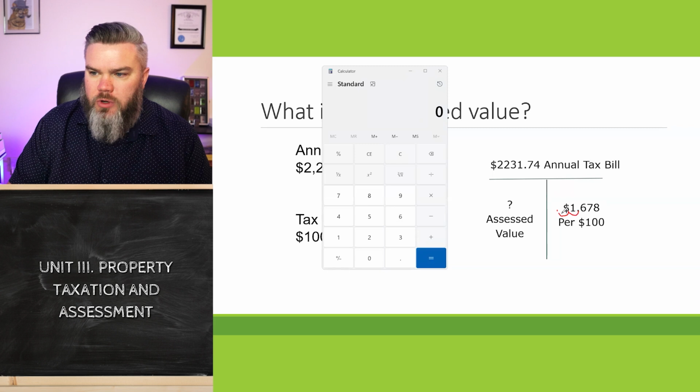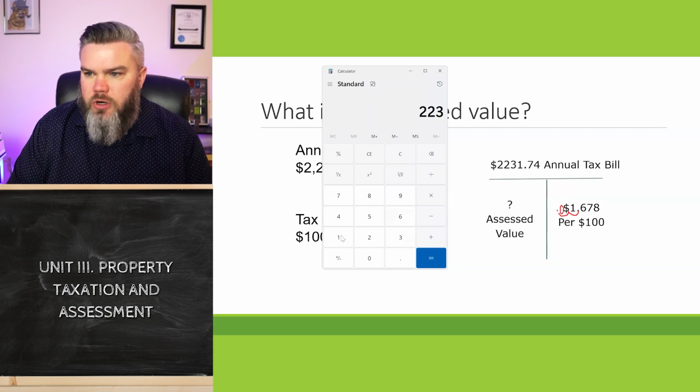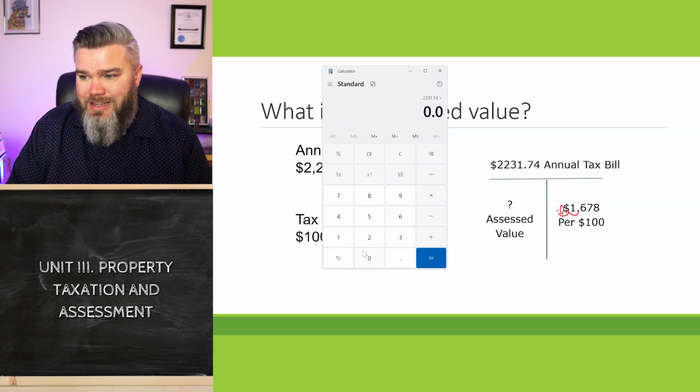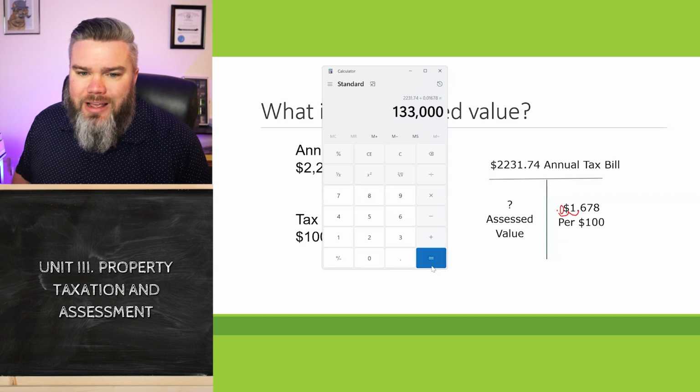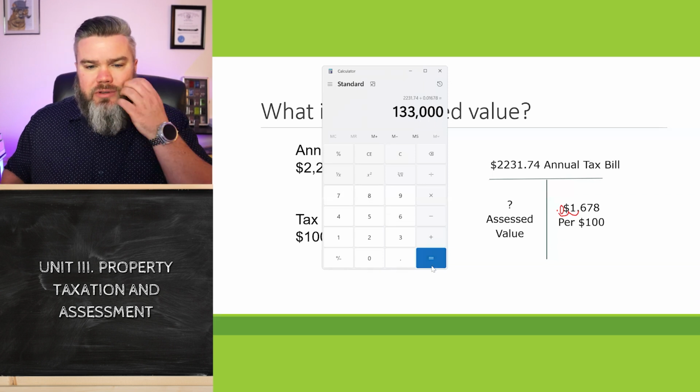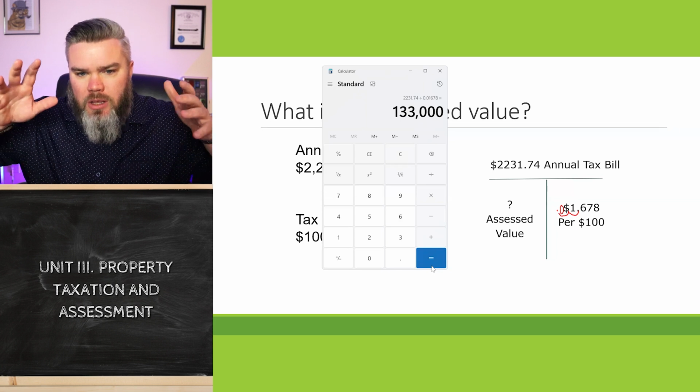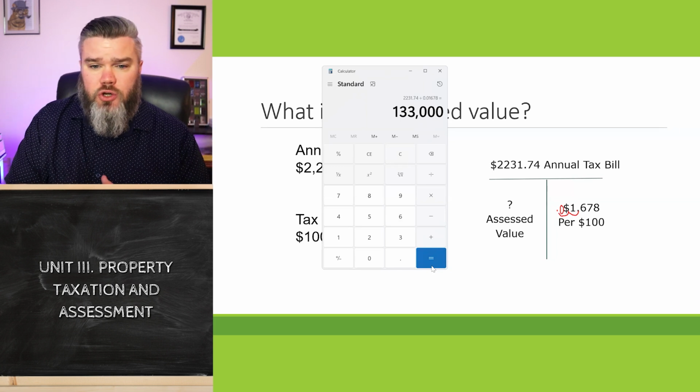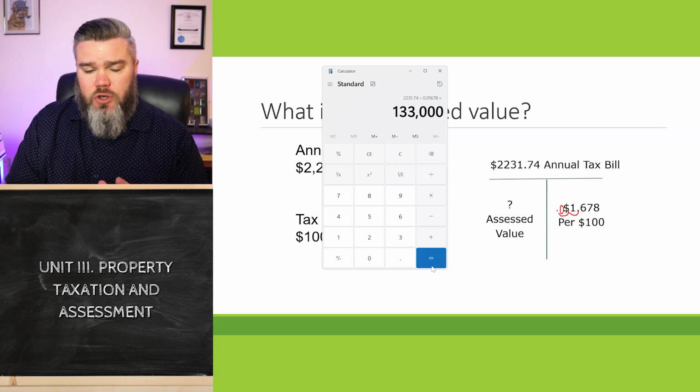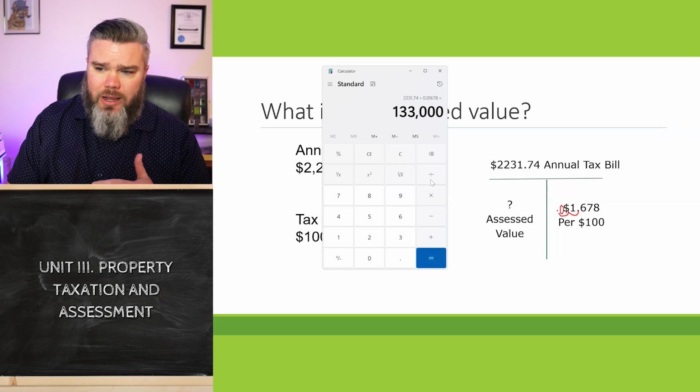So now what you're really looking at is 2231.74, the tax bill, divided by the per dollar rate of 0.01678, or $133,000 of assessed value. And as I told you, math is great in the fact that you can check your work. If you like the other way better, check your work that way.